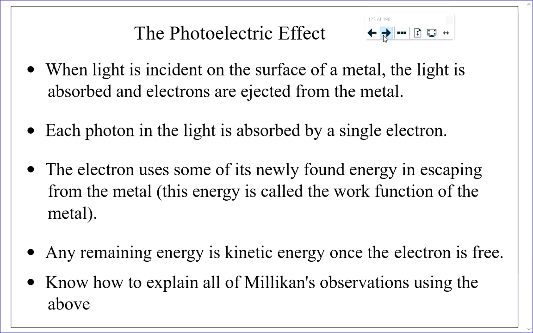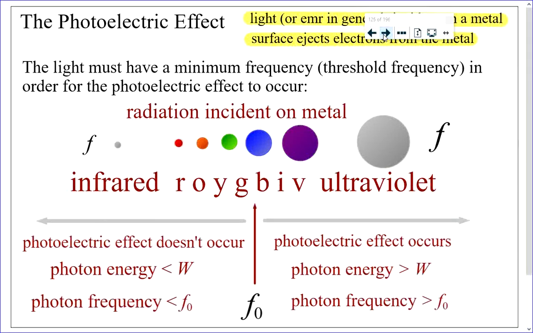Specifically, Millikan observed that the light has to have a minimum frequency. And the reason the light has to have a minimum frequency is that the minimum frequency corresponds to the work function. So if the photon frequency is more than the minimum frequency, the photon energy is more than the work function, so the electron in the metal will be given more than enough energy to escape.